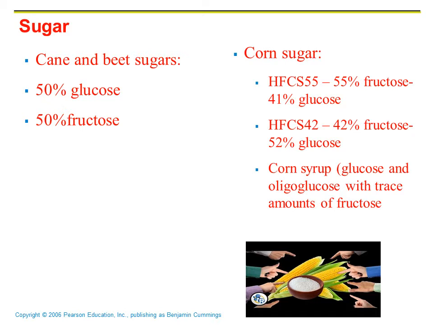Also in this corn sugar, you will have a mixture of HFCS42. This will have 42% fructose and 52% glucose. And also in this corn sugar, you have some corn syrup. So collectively, this corn sugar is going to taste sweeter.